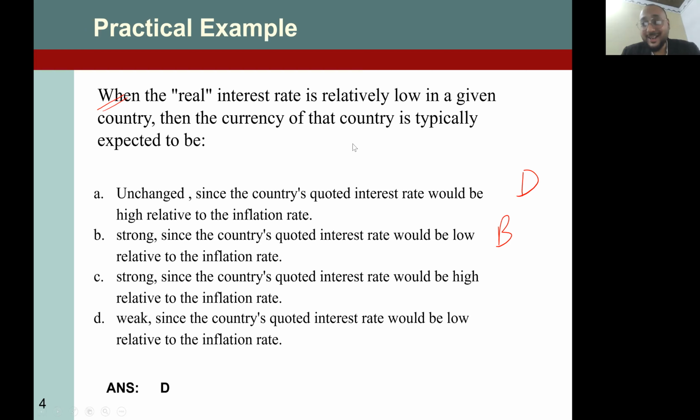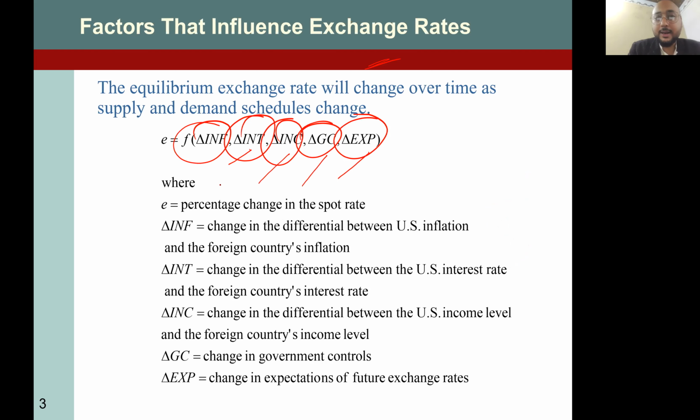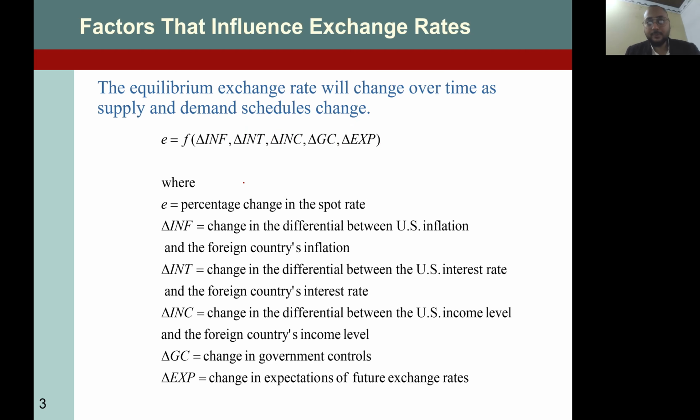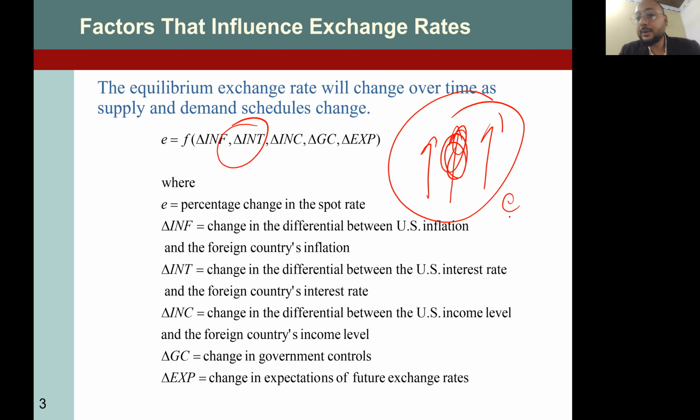The answer is D. Why not B? In our previous class, we discussed that a country which experiences high inflation and high income level, its exchange rate is going to be low, which means its currency is going to depreciate. But in this case, the interest rate is going low.